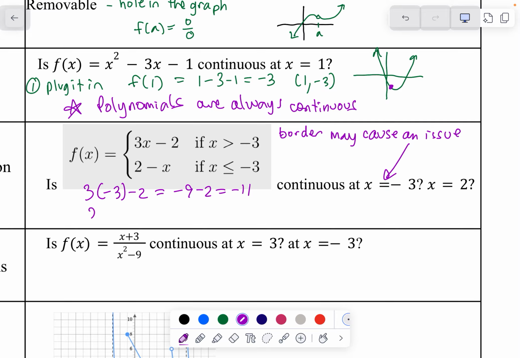So if you put in 2 minus -3, you get 2 plus 3, or 5. There is a disconnect there. On one side, our math bug will be at a height of -11. On the other side, he'll be at a height of 5. There's a disconnect. Those pieces aren't together. So right here it has a jump. So a piecewise function will usually have an issue where there's a jump.